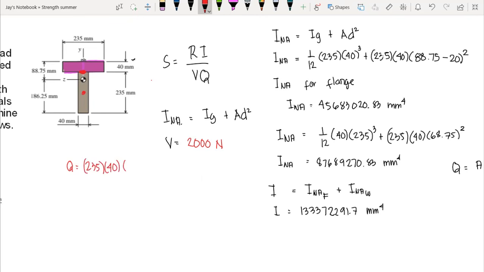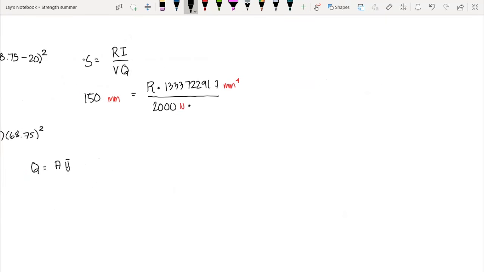Then our barred y, which is the distance from the center of the flange to the neutral axis, is 88.75 minus 20. So our Q here is equal to 646,250 millimeter to the 3.